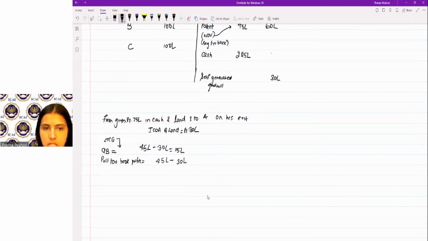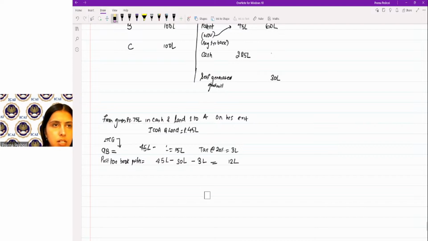And if there is no tax, here I've taken 15 lakh, but let's assume tax at the rate of 20%, let's assume 3 lakh. So 45 minus 30 minus 3 lakh, how much will it be? 15 minus 3, 12 lakh. Or if I'm just taking it here as 45 lakhs only, what you guys have taken already, because the circular says 45 lakhs, so I've just taken that example only.